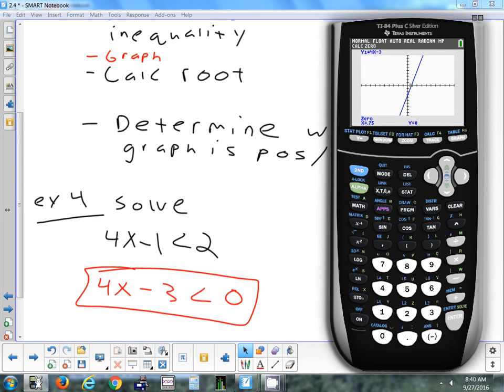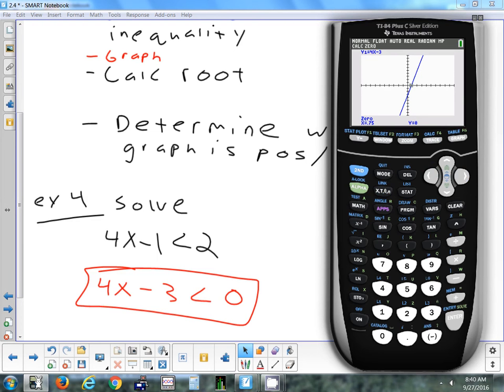So now that I know my root, what is my answer? Amanda? Well, think about what you want to happen in this inequality. When you plug in values for x, you want it to come out to what? Less than 0. So it'd be anything less than 0.75.